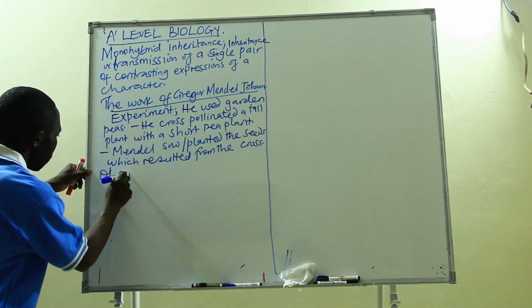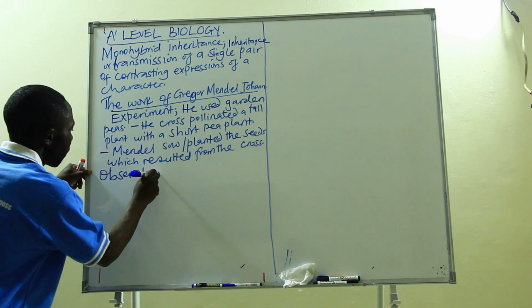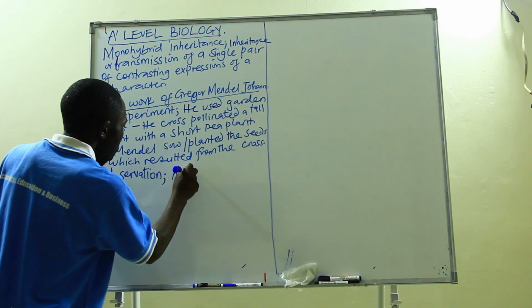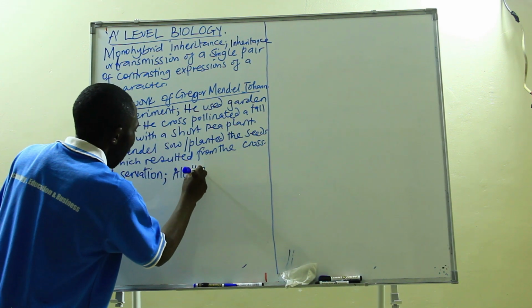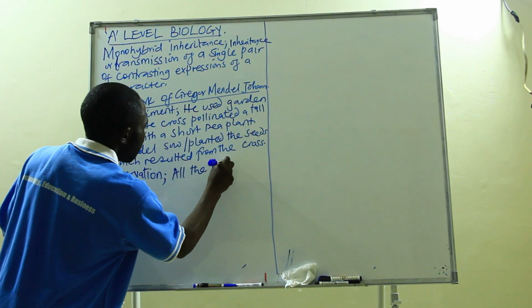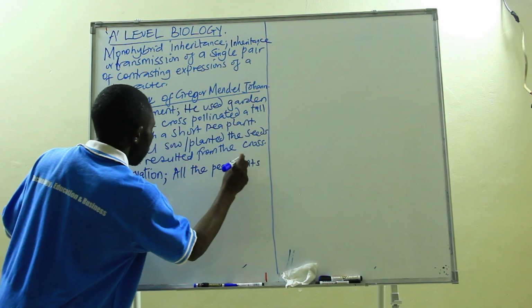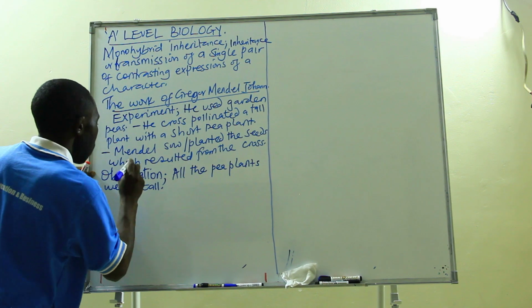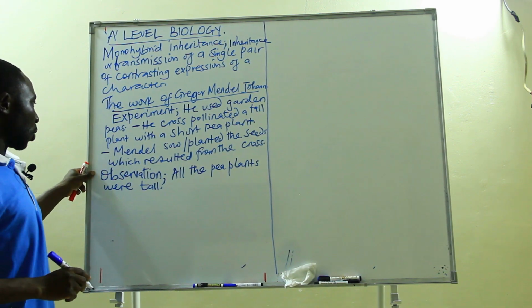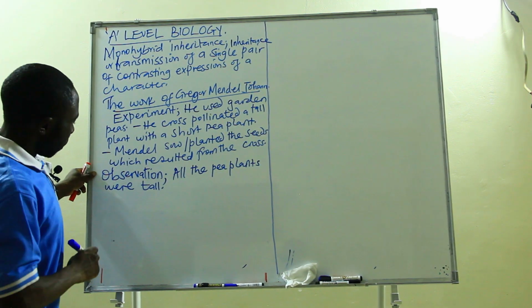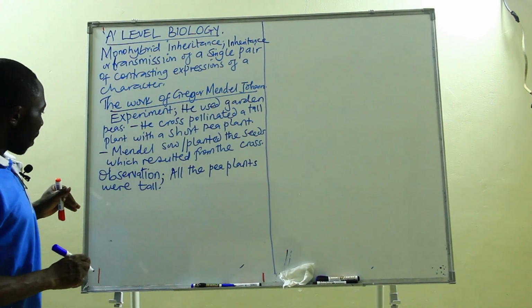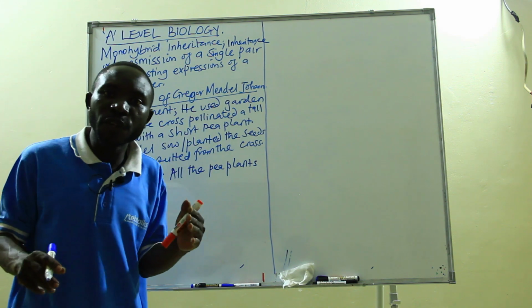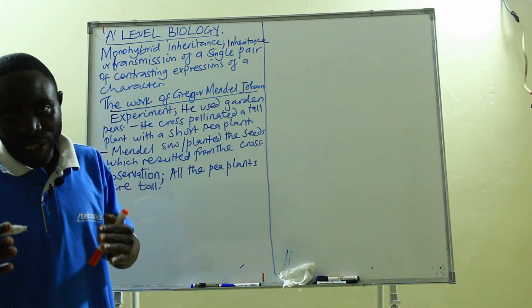Observation: all the pea plants were tall. Now from here, Mendel went further and selfed the individuals of the F1 generation.